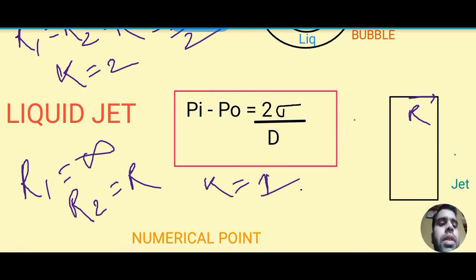So Pi minus Po will be 2 sigma by D. Just remember, for a liquid jet, Pi minus Po is equal to 2 sigma by D.